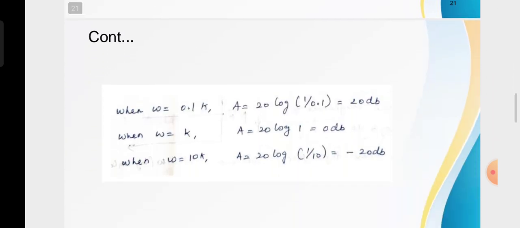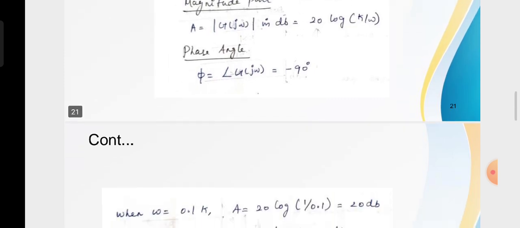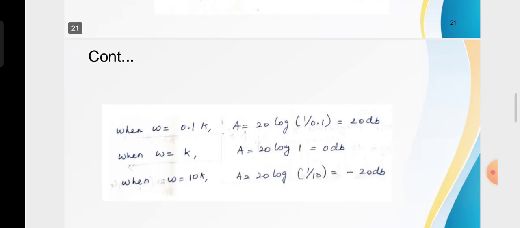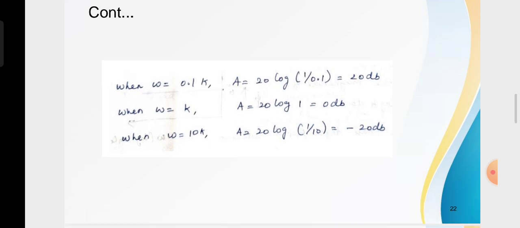When omega equal to 0.1 K, substitute omega equal to 0.1 K in the expression, so we get A equal to 20 dB. When omega equal to K, the magnitude of G of j omega is 0 dB. When omega equal to 10 K, the magnitude is minus 20 dB.